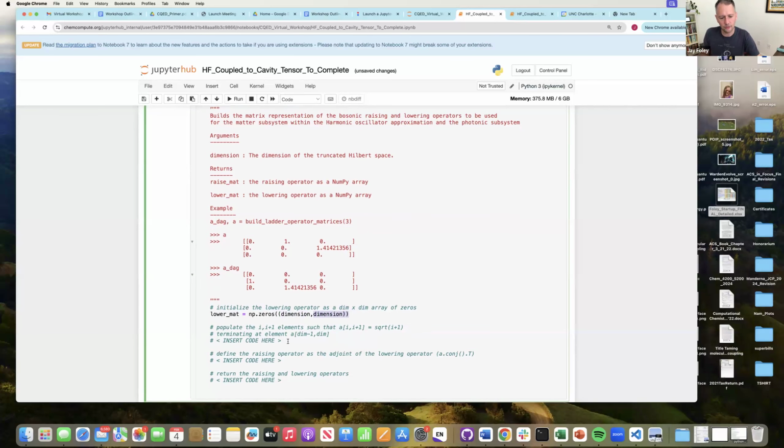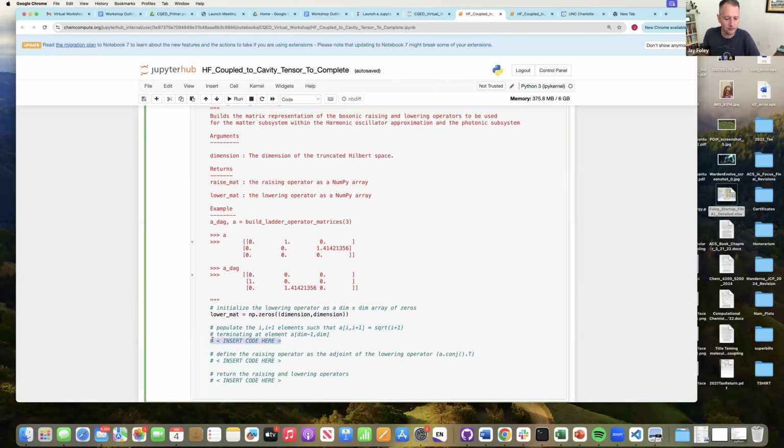Now what I want to do is loop through the elements of this array and store these upper triangle elements, I and I plus 1, to be equal to the square root of I plus 1, because that's essentially the recipe for filling out the matrix elements of this lowering operator.